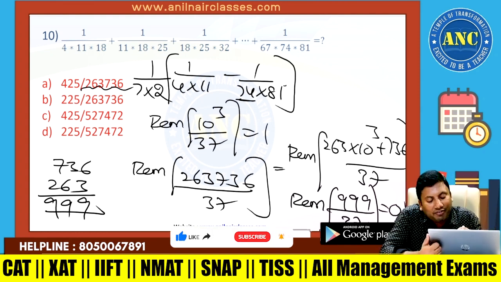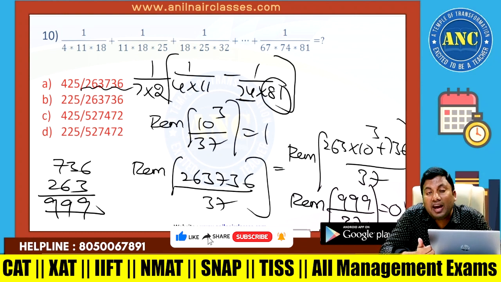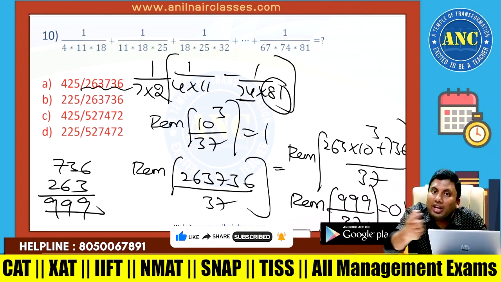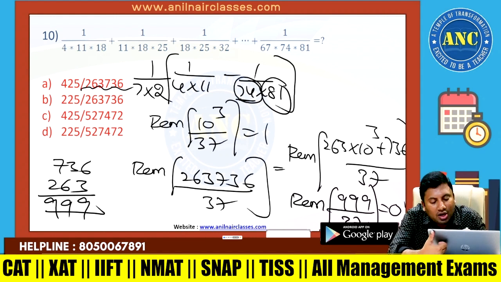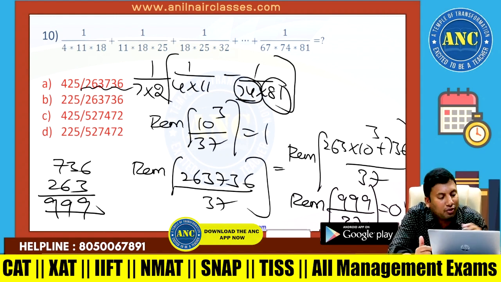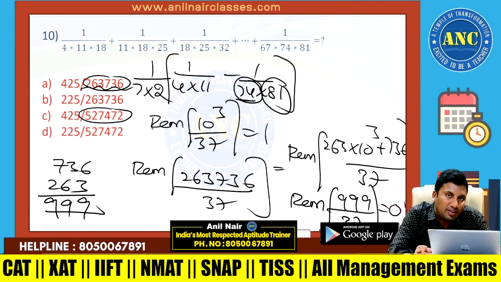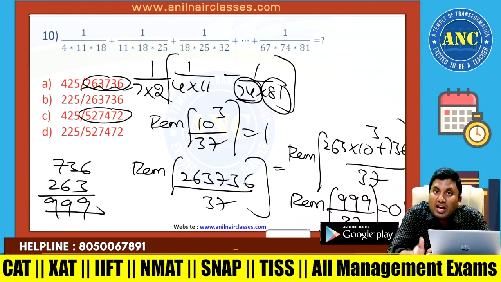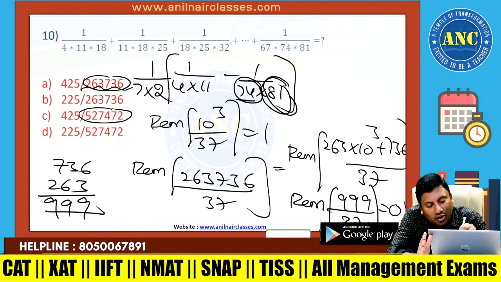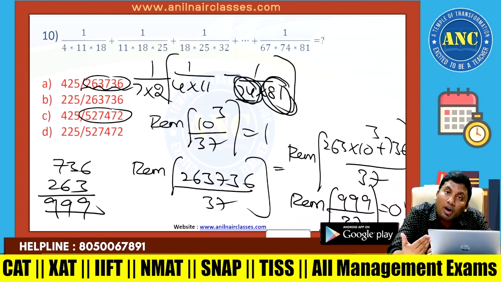That means, for 81 it is 9 square, so the answer should be divisible by 9. If it is not working because there are 3 numerical values in the denominator, you can go for the next one, 74, and check divisibility. Obviously, the denominator is the next multiple of 736. That means, if you are stuck with this, you can go ahead and check with this. Here I purposely gave the options where all options are the same.